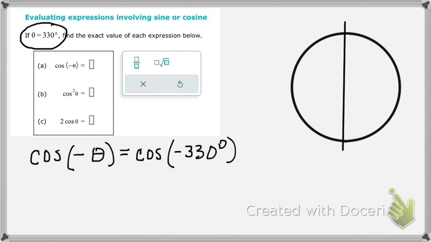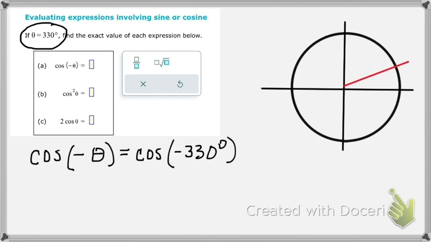So I put a circle on an XY axis, and then I'm going to take this negative 330 degrees. It's negative, so I'm going to rotate in a negative direction. And I'm going to go around in a negative direction, 330 degrees. So it's going all the way over here.